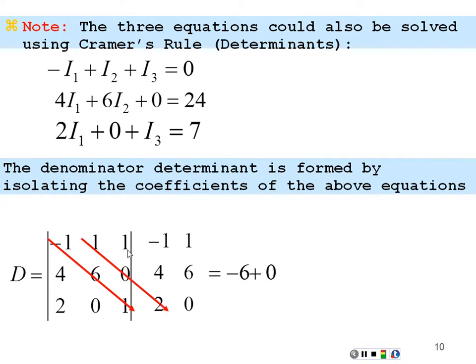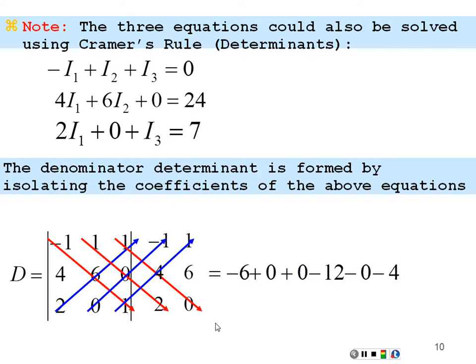Then I add 1 times 4 times 0, which is 0. And then I'm going to subtract 2 times 6 times 1, so that would be negative 12. Subtract 0. Subtract 4. And I have negative 6 minus 12 minus 4, negative 22. That is my denominator determinant from Cramer's rule.